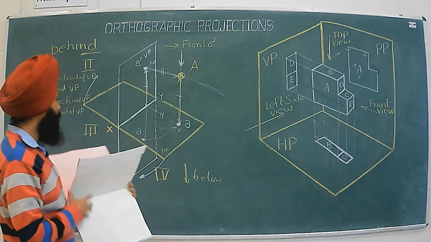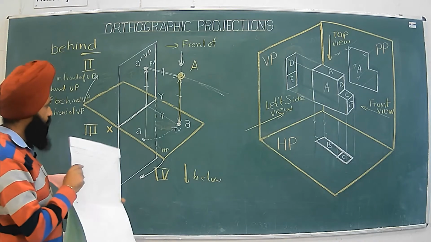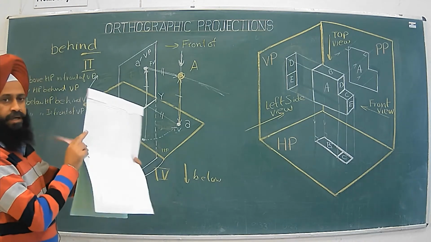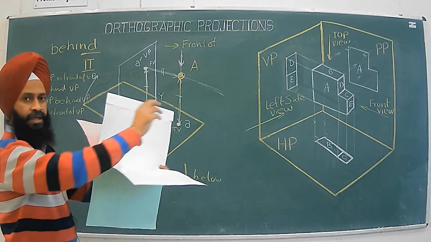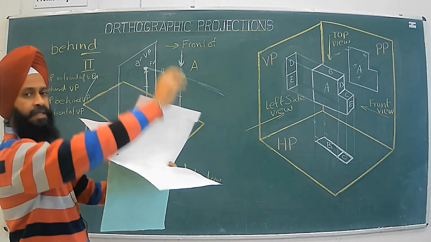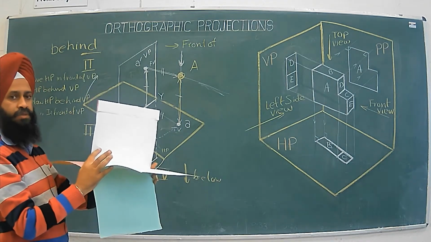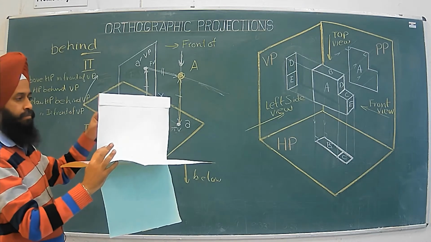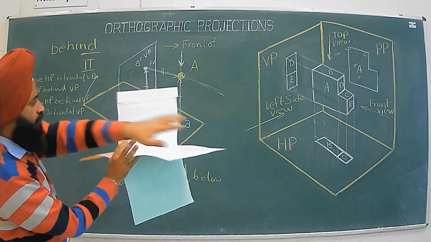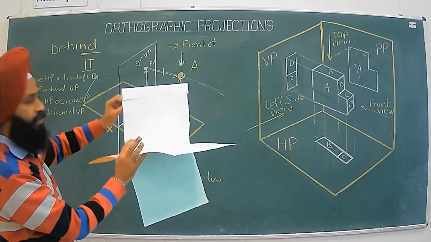Now if we assume that point A lies in second quadrant, if it comes to second quadrant over here, so this is the front.